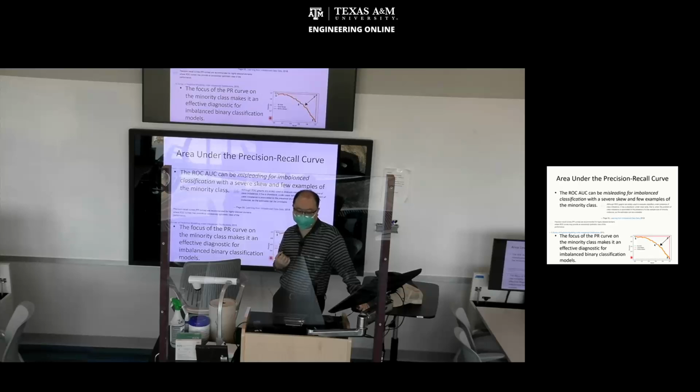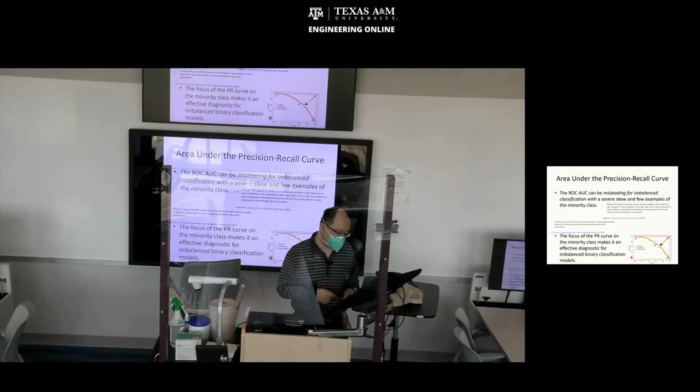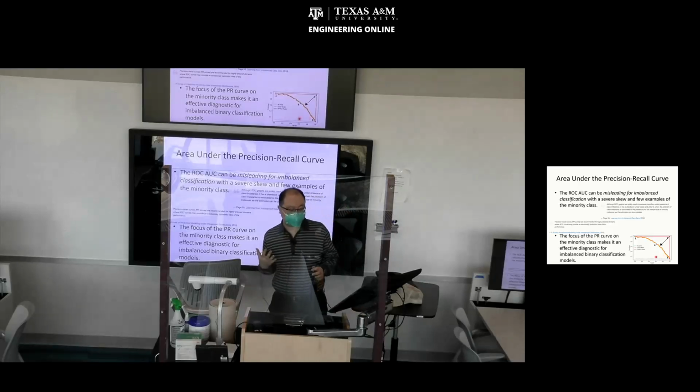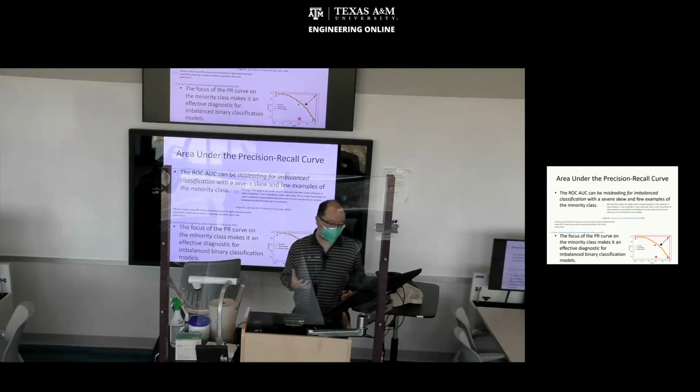It's no longer that you're comparing to 0.5 anymore. Sometimes you could have an area under the precision recall curve that is extremely small, like 0.01, but you have to compare it to the baseline, which could be 1 out of a million, okay? So you have to use these numbers in their context, okay? All right.